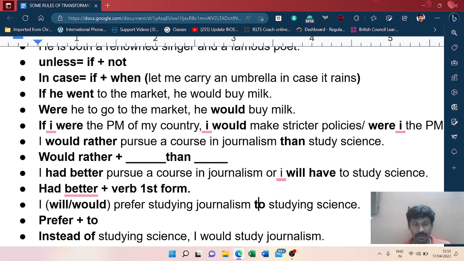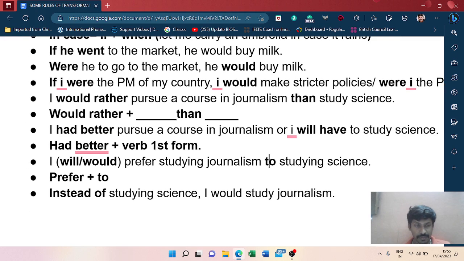Prefer, senior, junior, these things are followed by to. So instead of studying science, I would study journalism. So means without studying science, I will study journalism. The same thing is told in a different manner, with a different syntax of words.